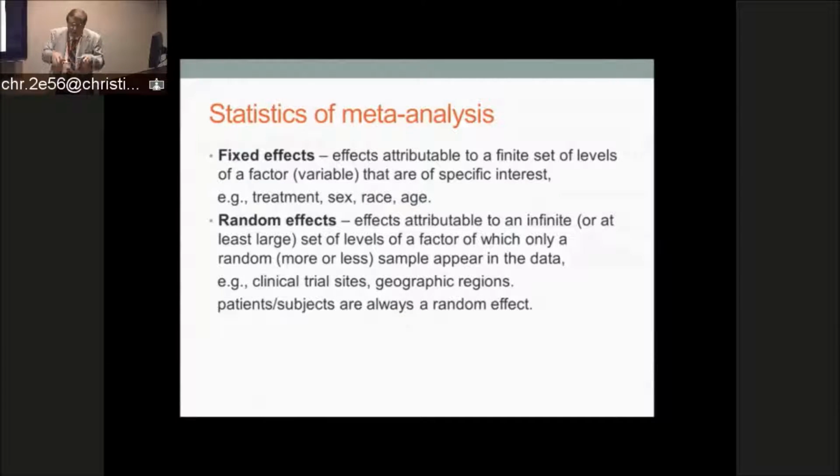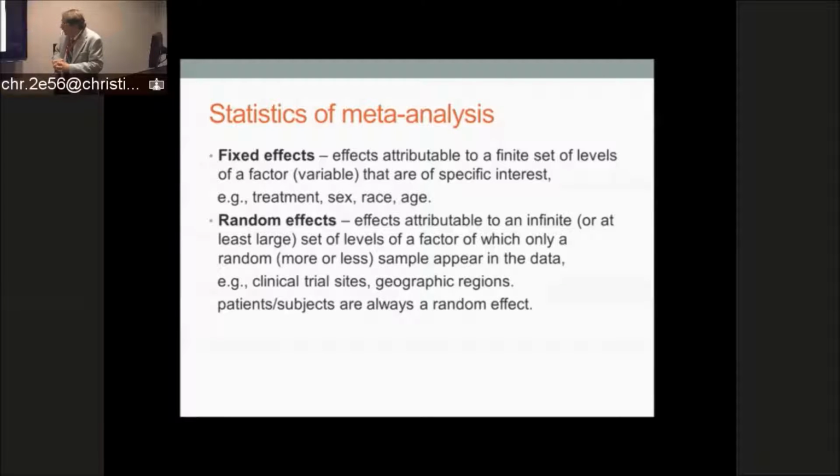So what you have is more or less a random sample, although in reality it's not random, because if you are doing a randomized trial, you're selecting sites that you know are going to enroll the patients you want. But at least that's the idea, that it's only a sample of the potential universe.